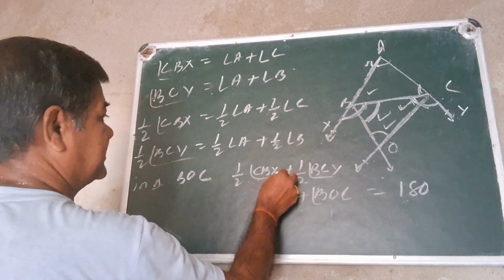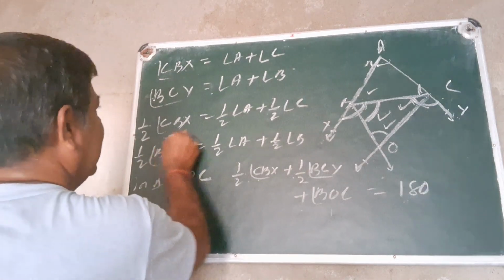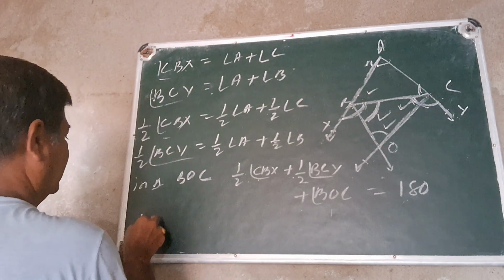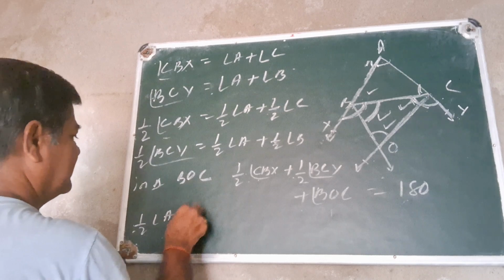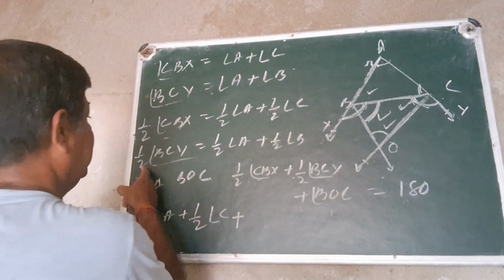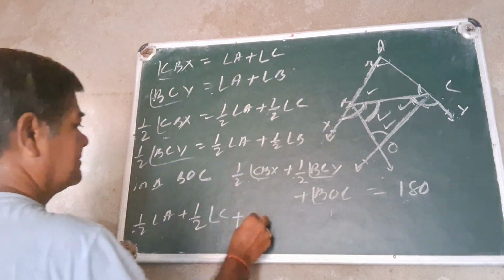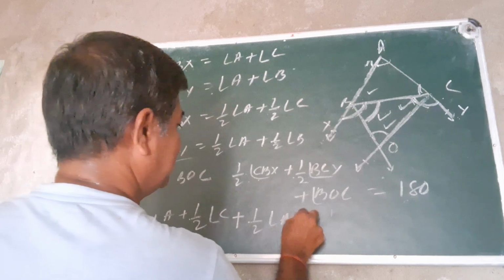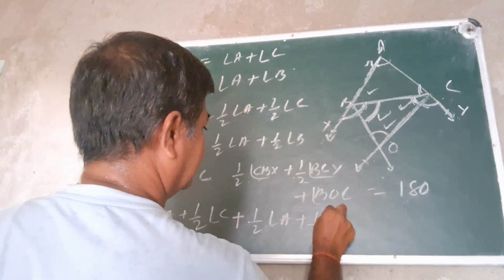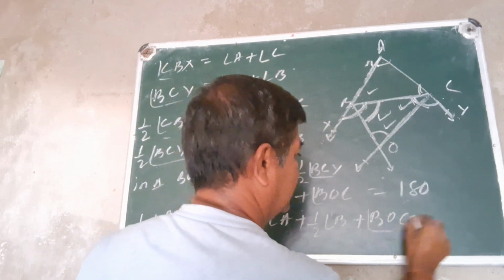Half of CBX means this angle, half CBX, which is half A plus half C, plus half BCY, not BCX, BCY equals half A plus half B, plus BOC equals 180.